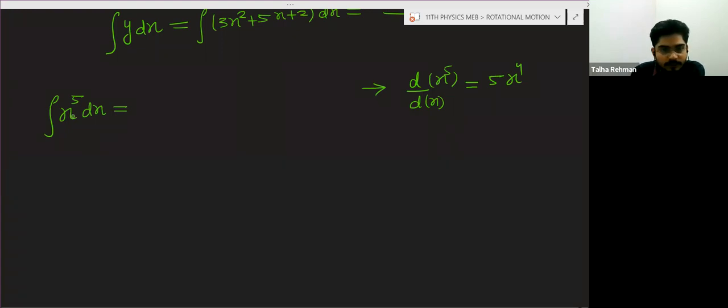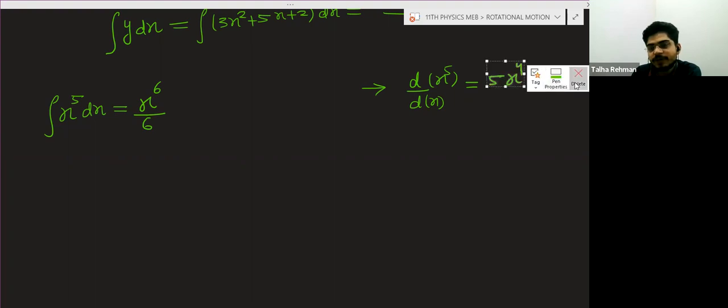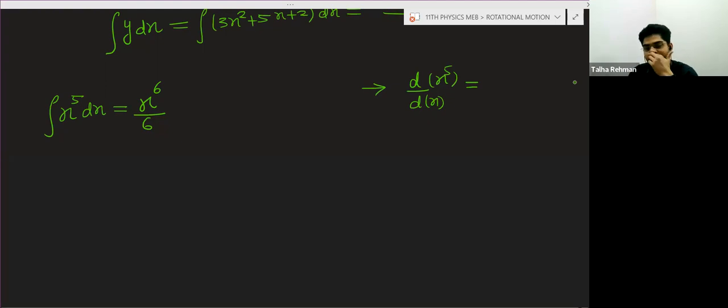And in this case of integration, first you will increase one power. So you will write x to the power 6, and that 6 you will write in the denominator. Basically in differentiation, we are first decreasing the power, here x to the power 4, and this 4 you will write here, but that will depend upon the value also.